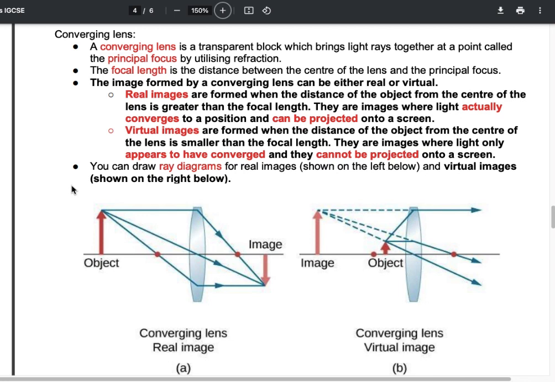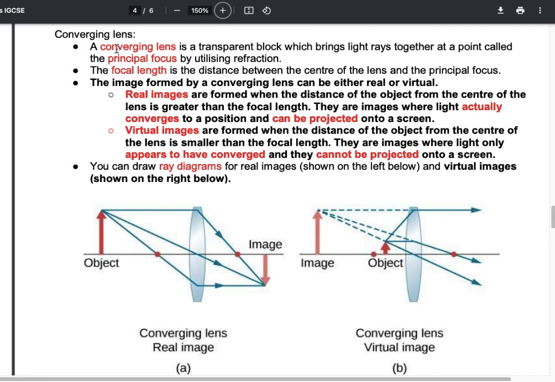If it can bring the rays to a common point, it is called a converging lens. If it spreads them apart, it is called a diverging lens.